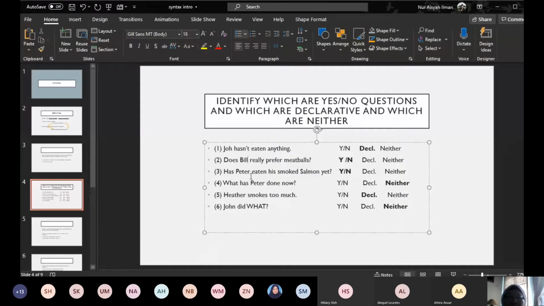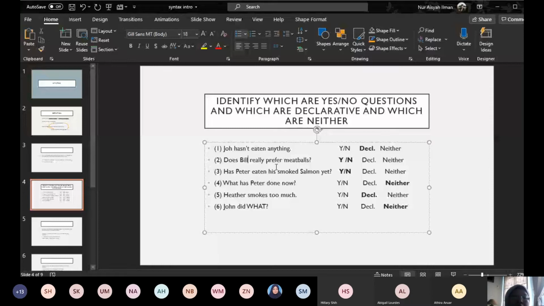What about number 3? Has Peter eaten his smoked salmon yet? The same thing. Something has gone over Peter. So it becomes, has Peter eaten his smoked salmon? If you reconstruct number 2 and 3 into declaratives, it will be Bill really prefers meatballs, and Peter has eaten his smoked salmon.